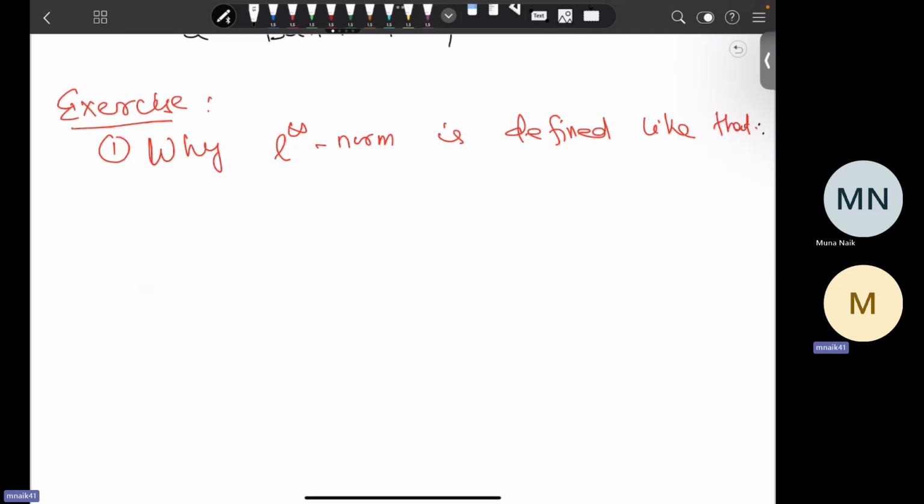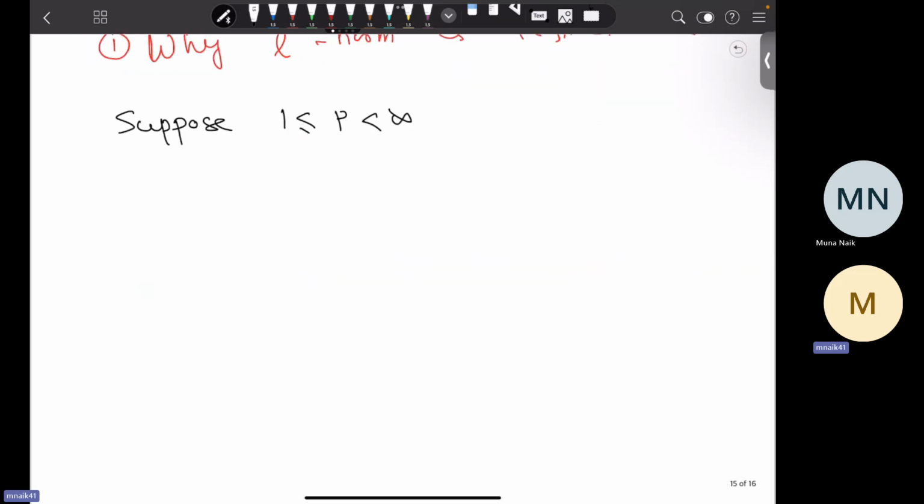Suppose 1 ≤ p < infinity. If you look at the limit as p tends to infinity of the norm of x in p, you can show that this is nothing but the maximum over 1 ≤ i ≤ n of the modulus of xi.